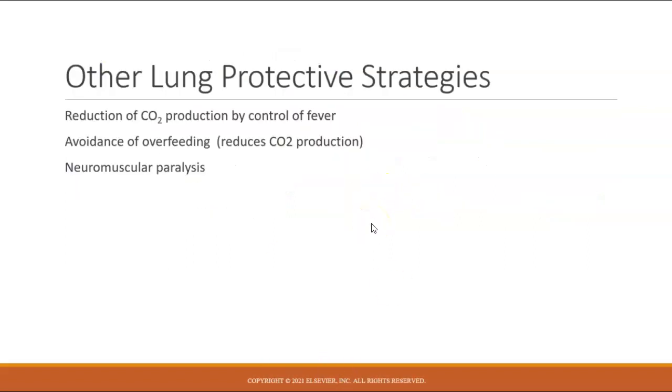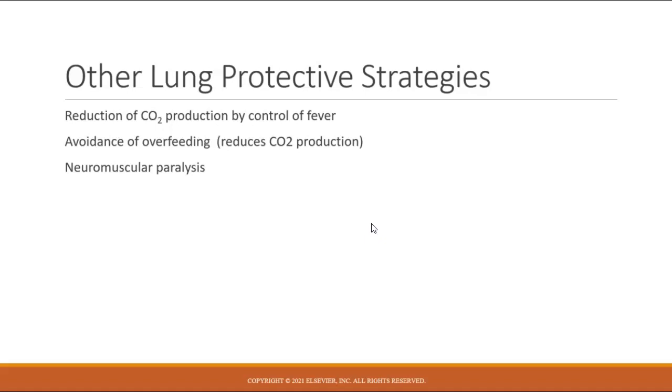Okay, some other lung protective strategies revolve around reducing the amount of CO2 that we produce. If your patient has a fever, they're going to be producing more CO2 because their metabolism is increased. So we want to manage their fevers and avoid overfeeding, like we've mentioned before. Carbohydrates increase your CO2 production, so dietary usually takes a close look at how many carbohydrates and high fats are in our critical care patients' diets.